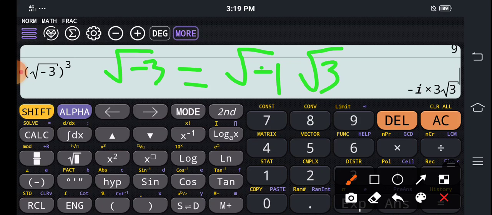And we know that square root of negative 1 is equal to i. So that is why we have negative i times 3 square root of 3. Okay.